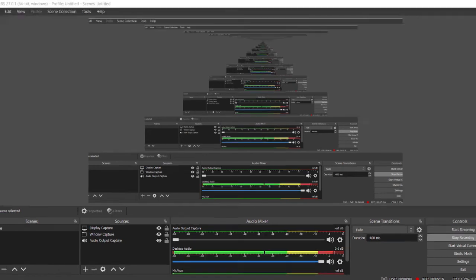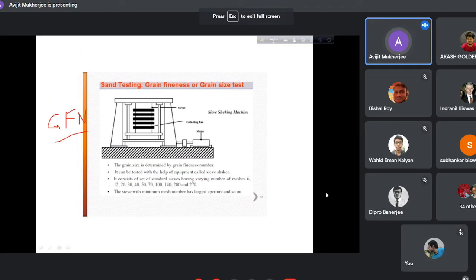Now there is a sieve shaker. This equipment is called a sieve shaker, and this is a columnar structure, vertical, and there are a number of trays.